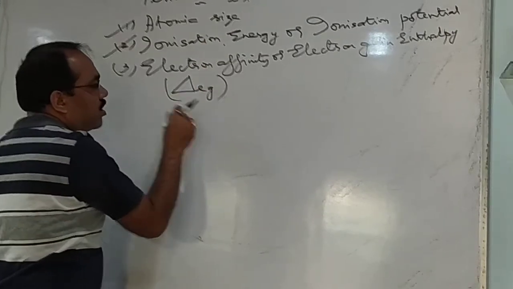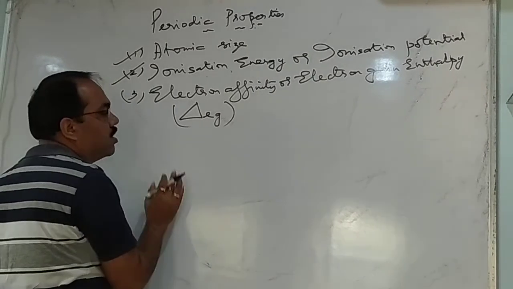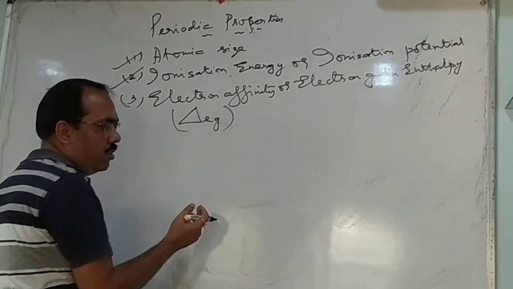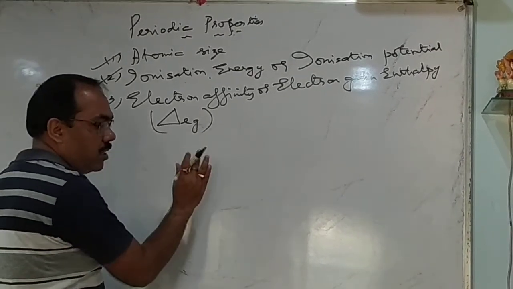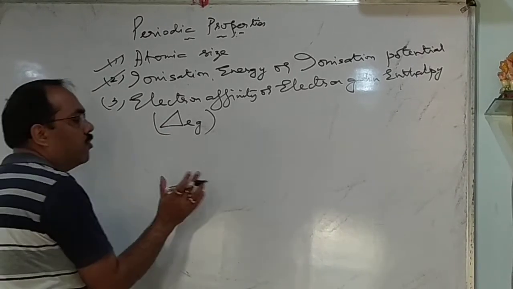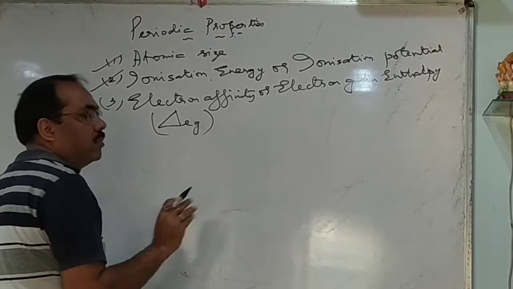Here it is the amount of energy released for the addition of an electron. I am very sorry, I said it is the amount of energy required to remove an electron. It is not remove; here you are going to add an electron.